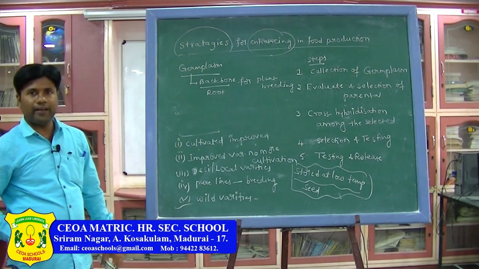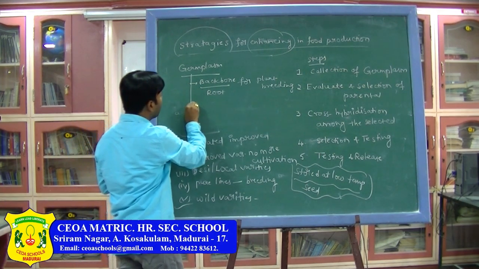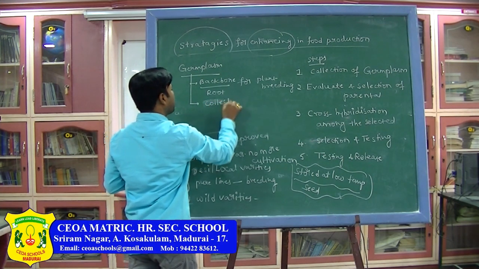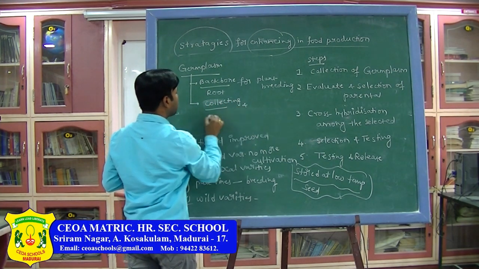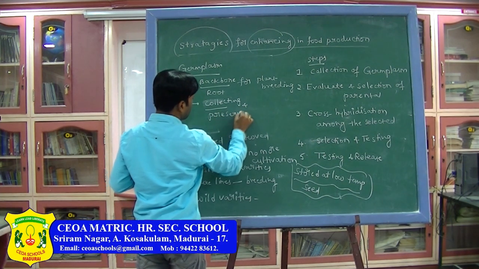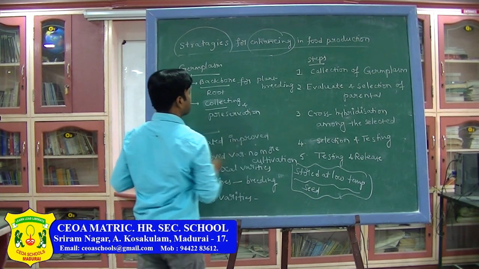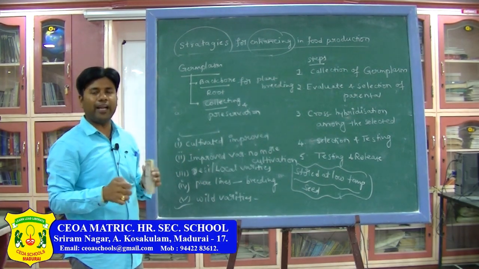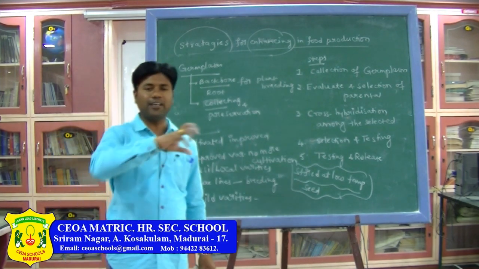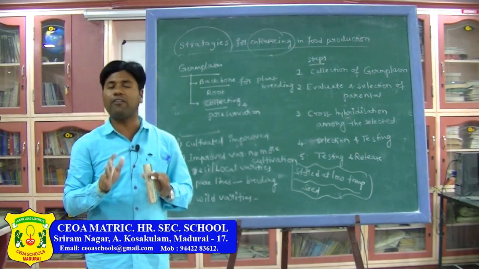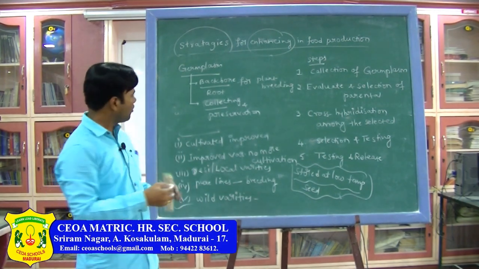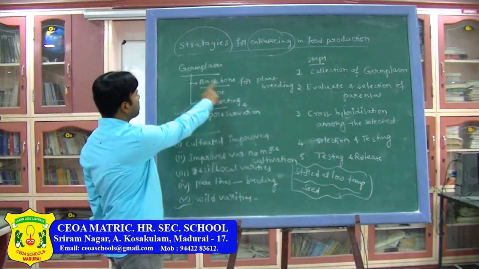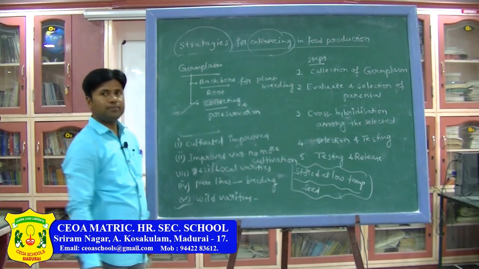And also we are collecting and preserving. Germplasm we are collecting every year from our crop agriculture land; among them, those seeds which have the desired characters we are picking and storing, for future use. So, collecting and preservation for future use, and germplasm is the backbone for plant breeding.